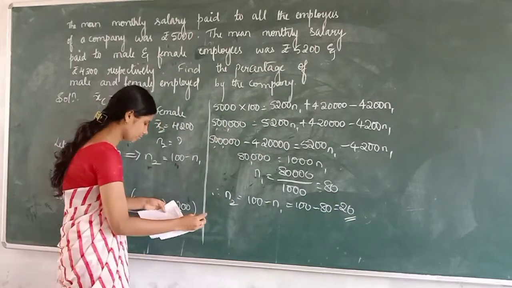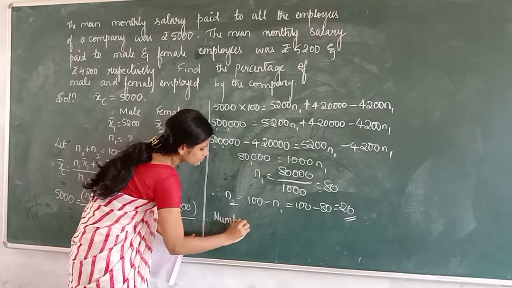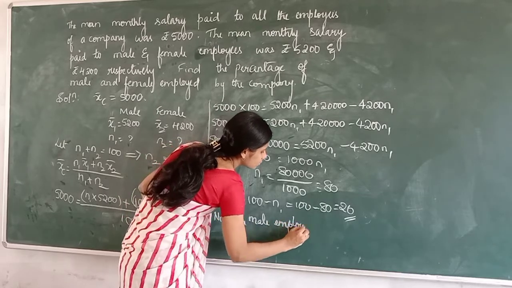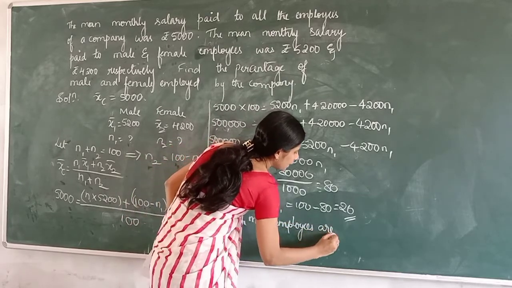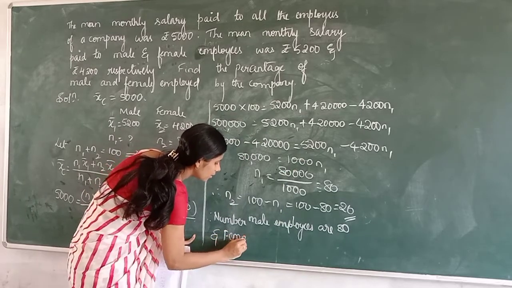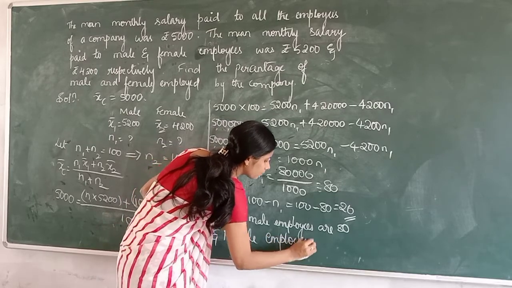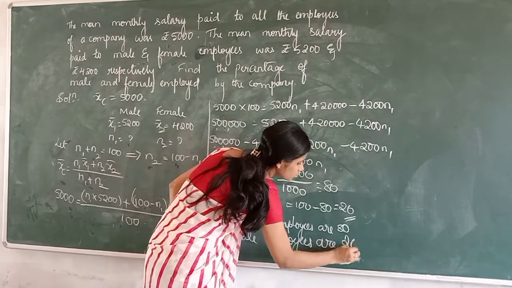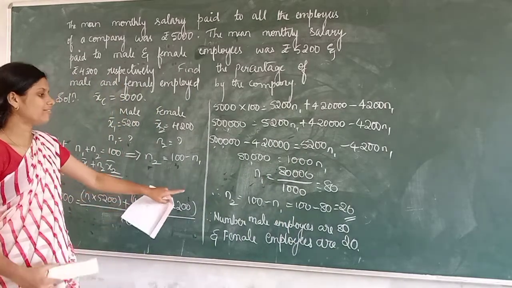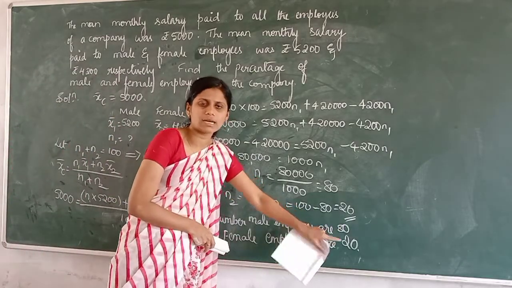Therefore we can write that the number of male employees is 80 and female employees is 20. So this is what we have presented, the number of male and female employees in percentage. When you add male and female employees, the total comes to 100.